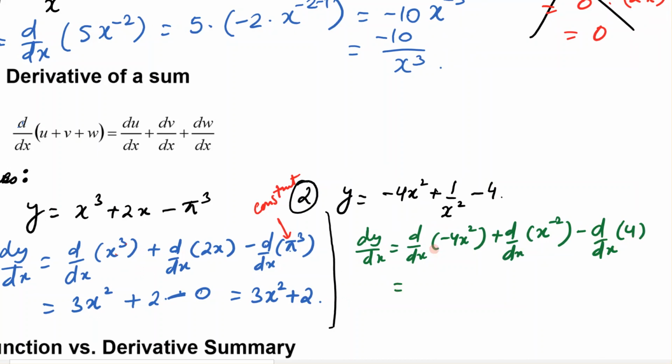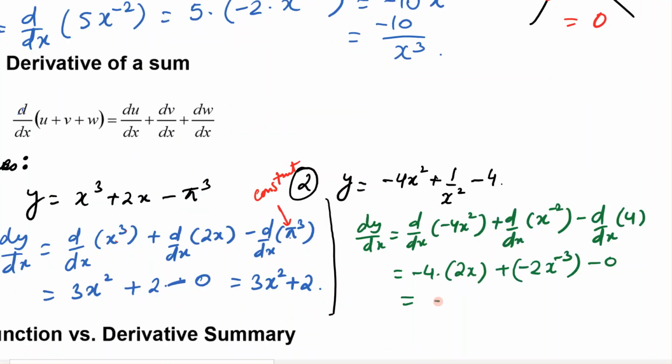Here negative 4 is in the product, so it comes out, and the derivative of x squared is 2x. Similarly, for x raised to power negative 2, power down, decrease the power by 1. And lastly, we have the derivative of only negative 4, which stands alone, so the derivative of a constant is 0. Negative 8x minus 2 over x cubed is our answer.